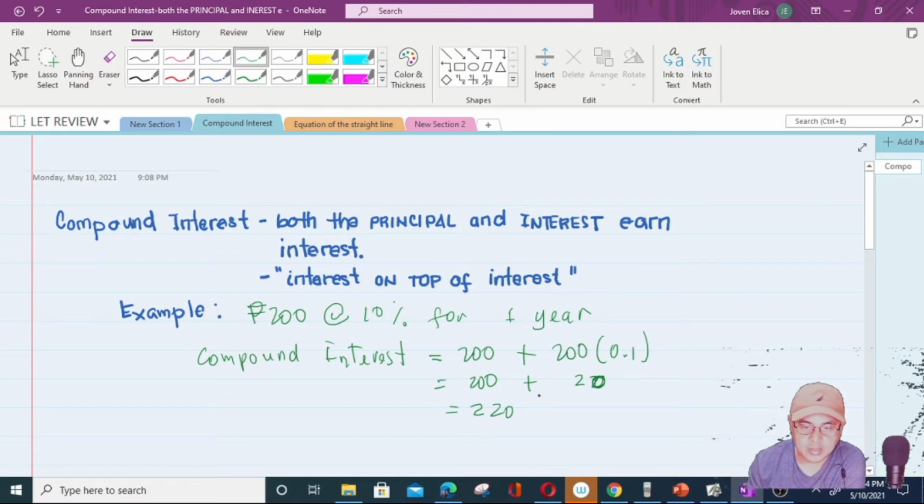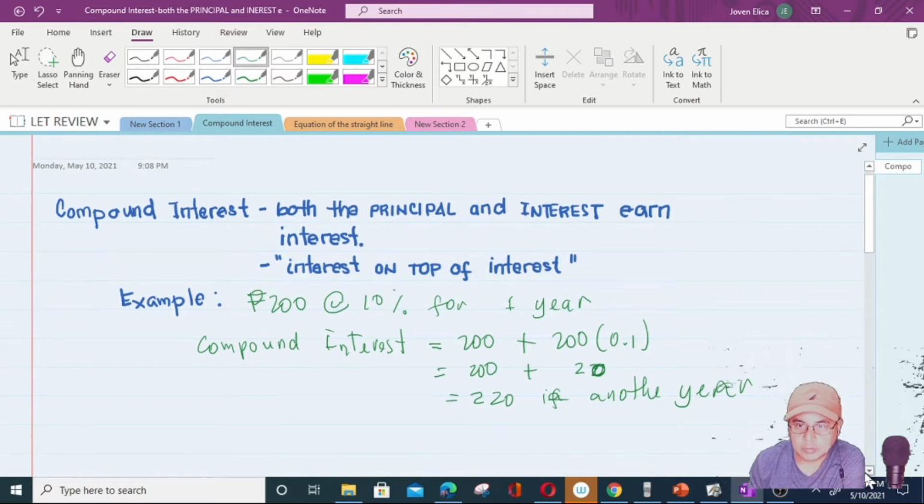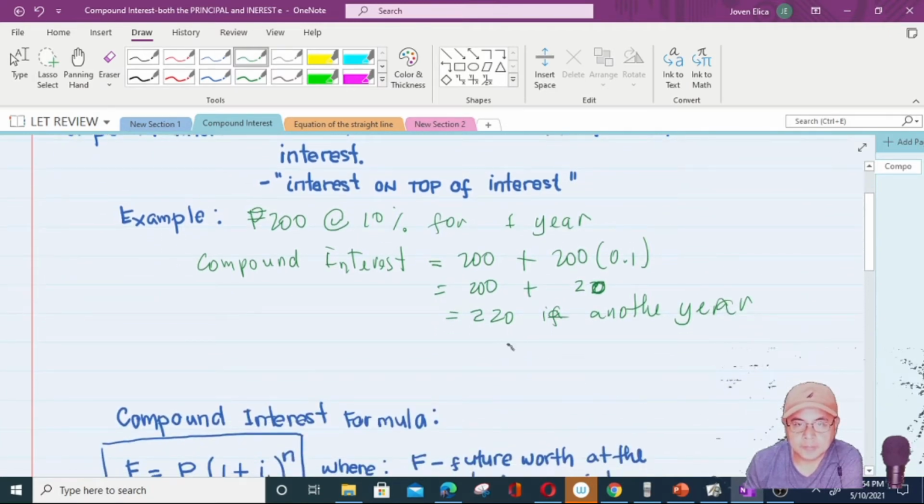The compound interest now, for example, if I'm going to pay for another year, what will be the amount for another year? So definitely it will be compounded.